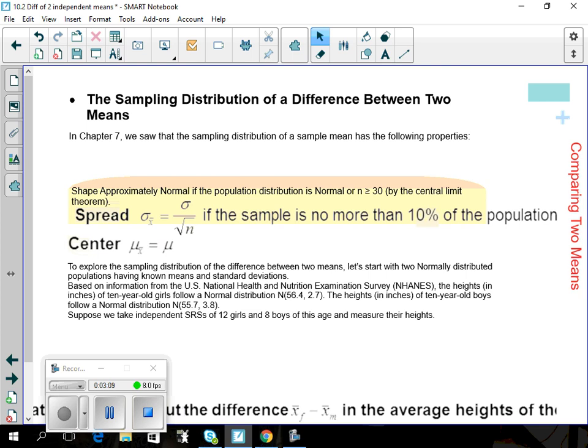What is the test statistic for means? Listen to my question again. The test statistic for proportions was Z. Do you agree? It was a Z value. What is it for means? T, if we don't know the population standard deviation.